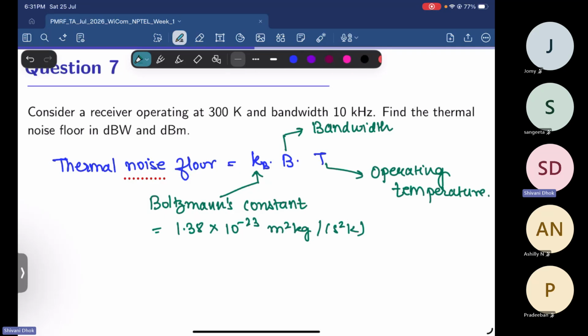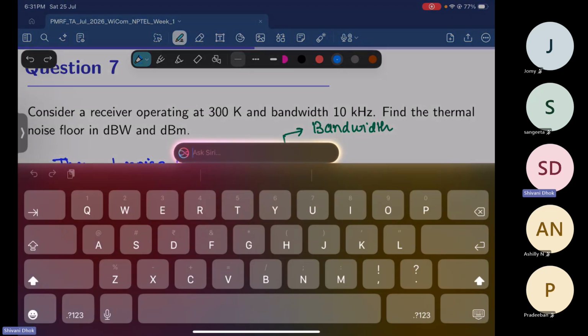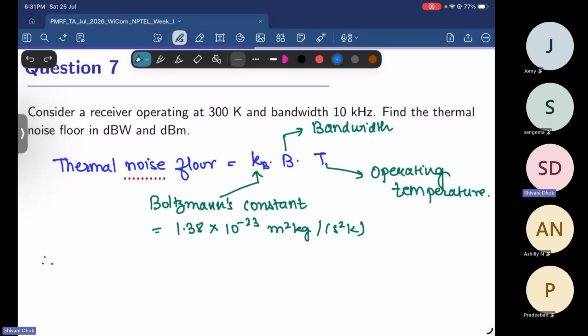Okay, so therefore your thermal noise floor is equal to kB, that is 1.38 into 10 raised to minus 23.